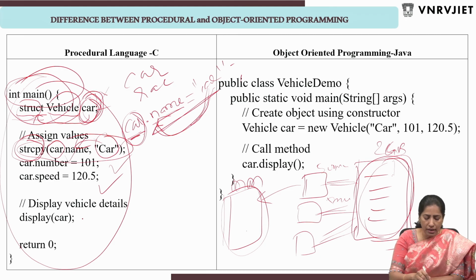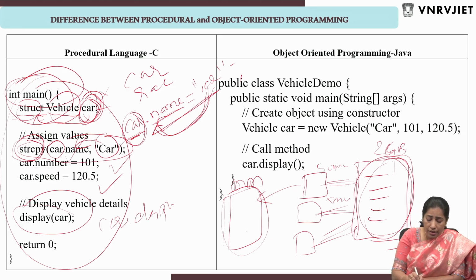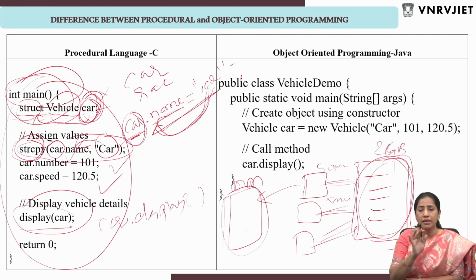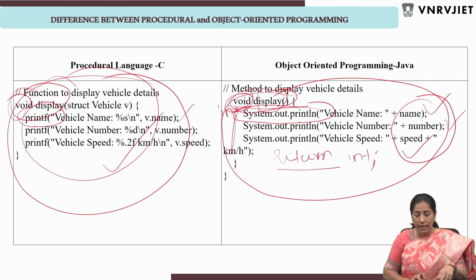Okay, so here I am calling the method. Here I have not used car.display, because display is not a method of the structure.